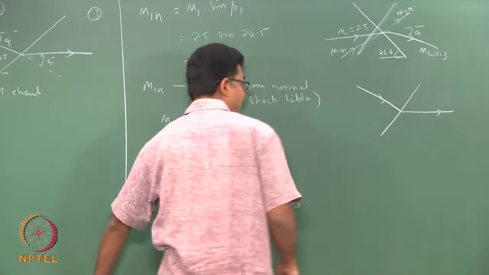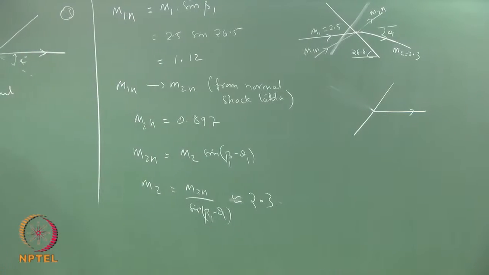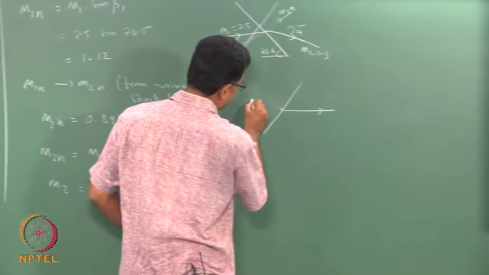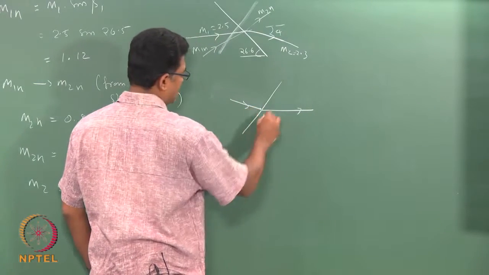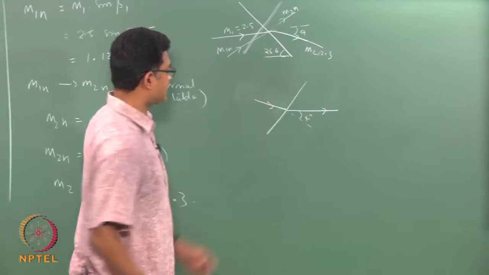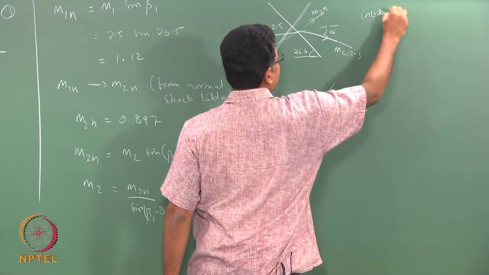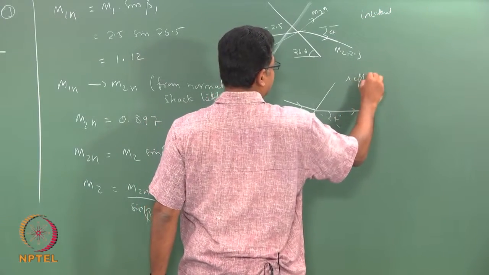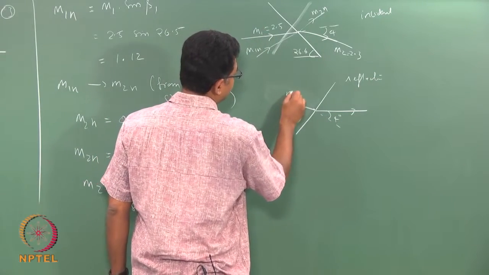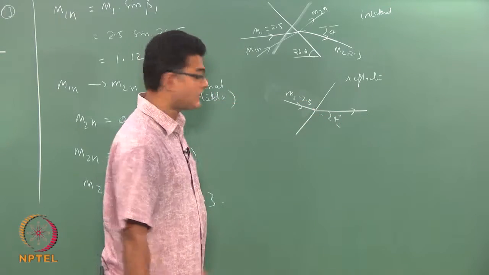So this velocity turned by 4 degrees. This is the second shock wave, the reflected shock wave. This is the incident shock, this is the reflected shock. So this M2 is now 2.3 turned by 4 degrees to this.